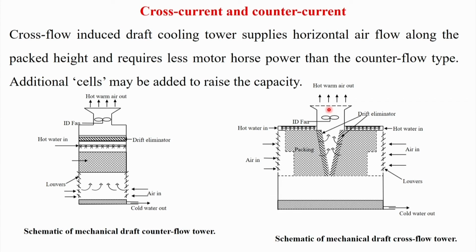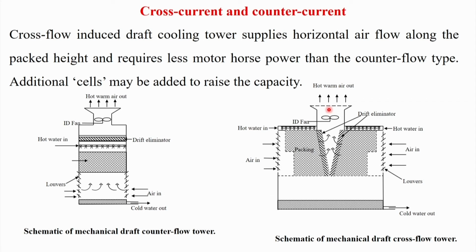So, if we have the opportunity to select any of the cooling towers, we should select the mechanical draft cross flow cooling tower, because in that case we will be able to add one module to another one by one in series.